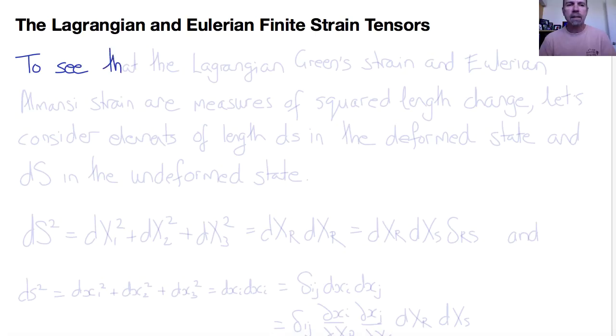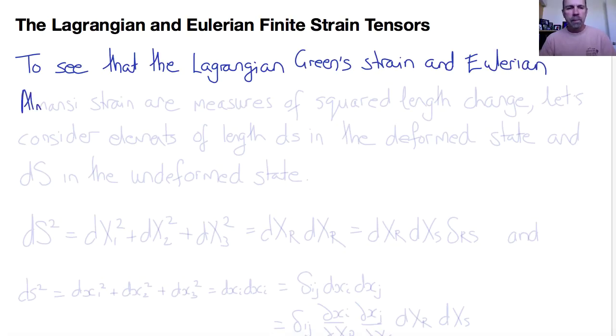But first let's demonstrate that, as we said last time, the Lagrangian Green strain and the Eulerian Almansi strain are respectively Lagrangian and Eulerian measures of squared length change with respect to undeformed squared length.